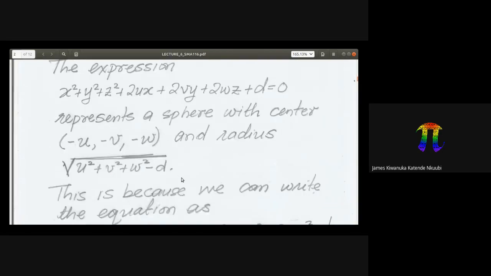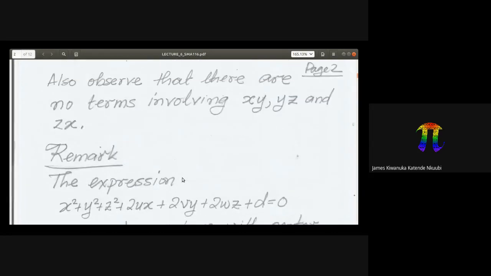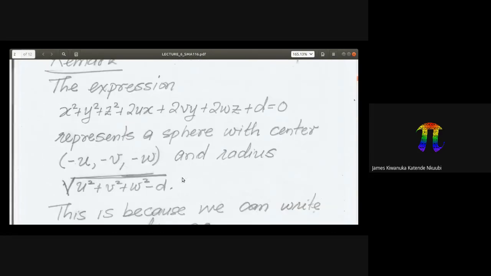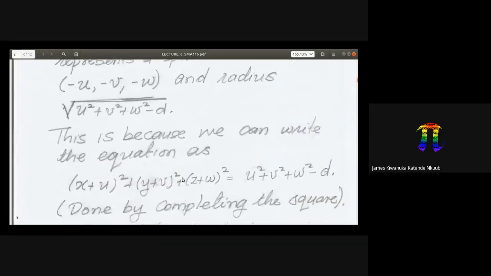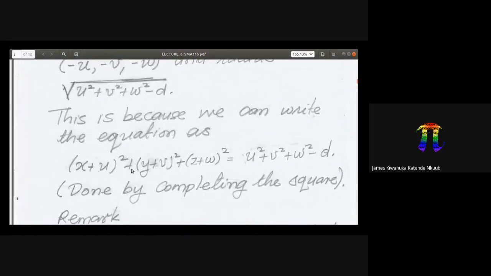So when you complete the square, this is exactly what you get. Down here, this is what you get when you complete the square. And then when you put all the constant terms on the right-hand side, this becomes your radius. So if you look at this, this is precisely the equation of a sphere, where the square root of the term on this side is a radius.